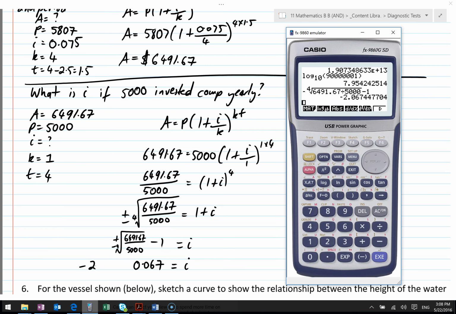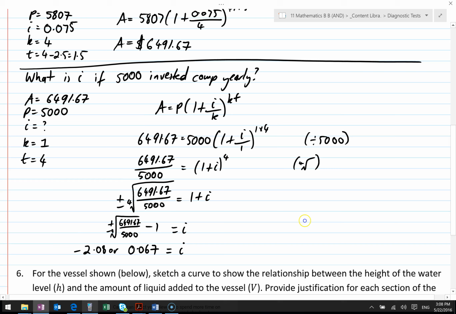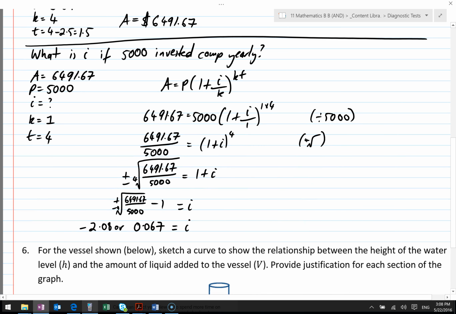We can't really have negative interest rates unless we're in Europe. Okay, so the i value is 0.067. So, reject negative, as it's meaningless. Interest rate is 6.7%.